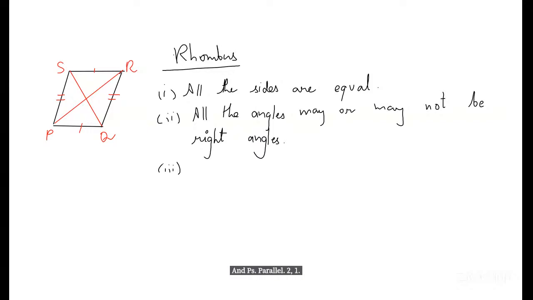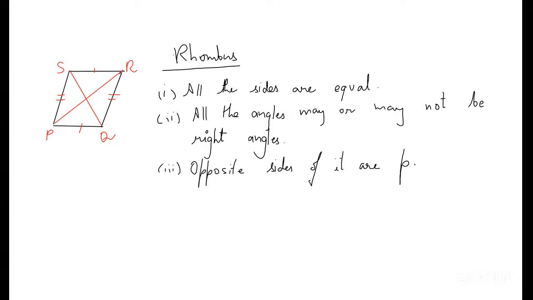Opposite sides of a rhombus are also parallel. Then diagonals bisect the angles into two.